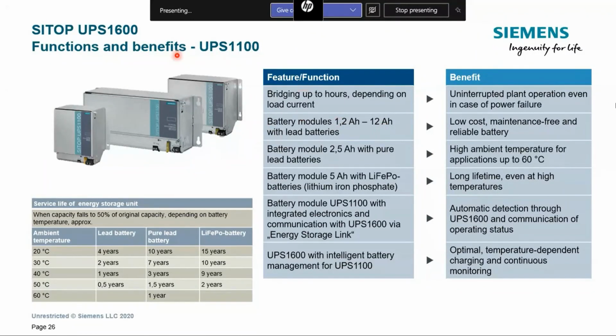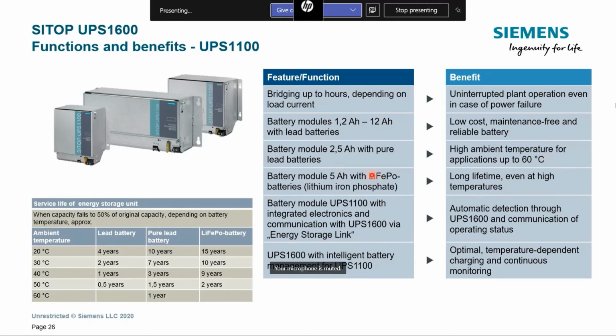And with each UPS module, we can use up to 6 batteries of any kind. So within this range, everything is lead acid except for the 2.5 ampere hour battery. So this is pure lead, and this is specifically designed to operate in a 60 degrees environment. So usually lead acid up to 50 degrees, no more than that.